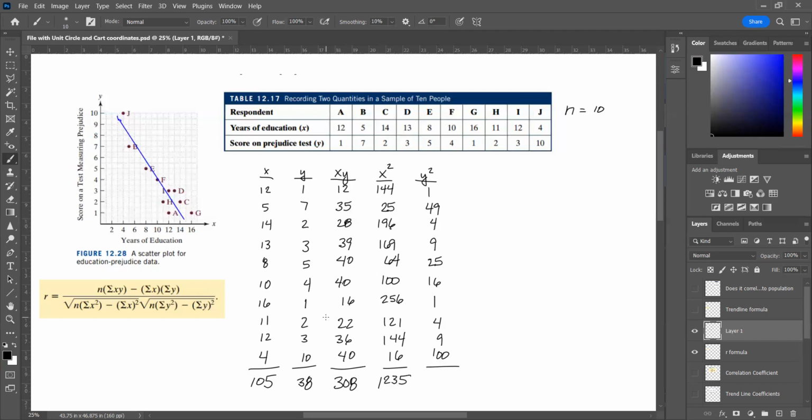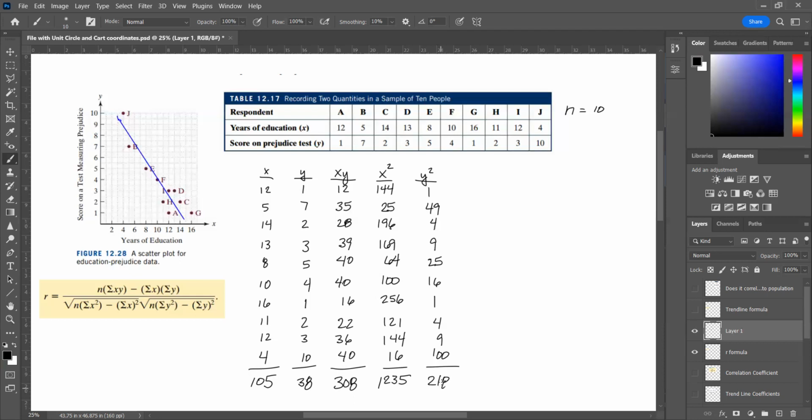And then summing the last column, 1 plus 49 plus 4 plus 9 plus 25 plus 16 plus 1 plus 4 plus 9 plus 100 is 218.